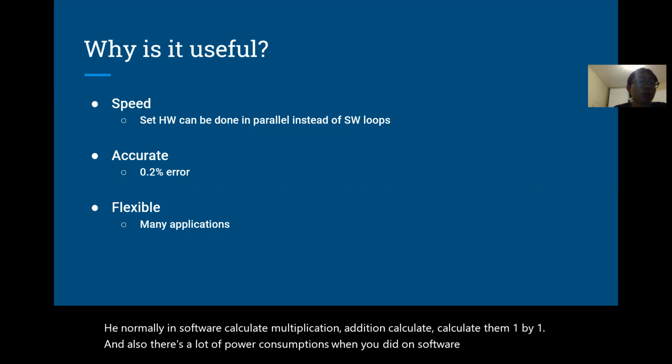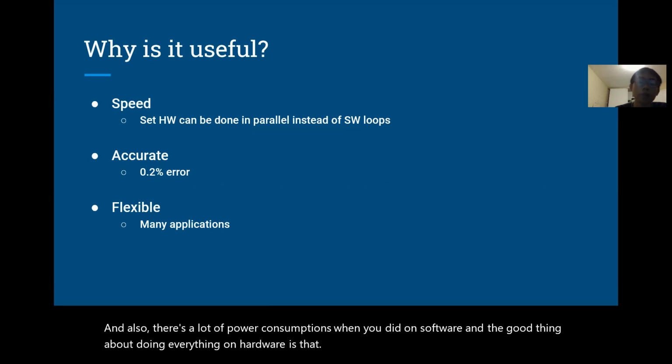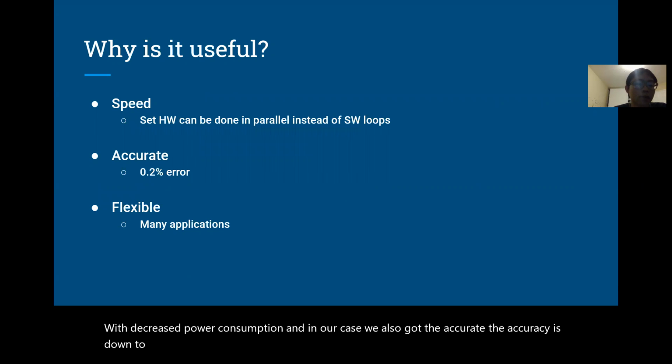The good thing about doing everything in hardware is that you could have all the multiplications and additions working together at the same time. In that way, we increase the processing speed, we decrease the power consumption, and in our case, we also got the accuracy down to about 0.2%.